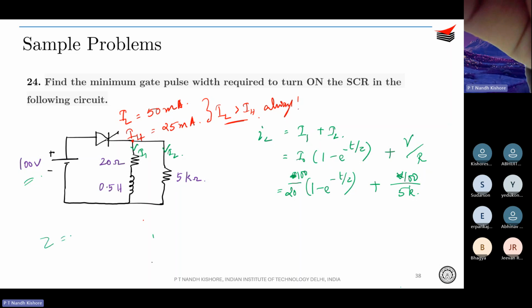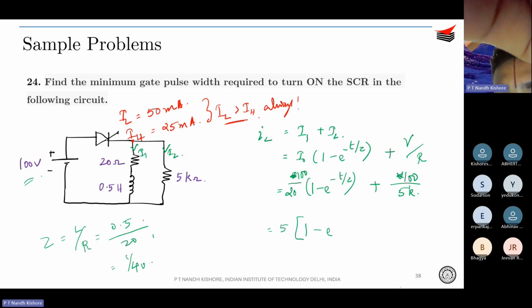What is tau? Tau is equal to L by R. L is 0.5, R is 20, so that is 1 by 40. So 100 by 20 is 5, 5 into 1 minus e power minus 40 t, plus 100 by 5k. So what is 100 by 5k?